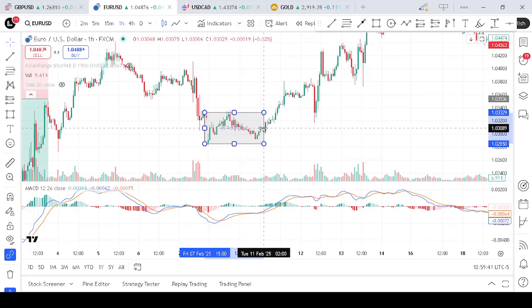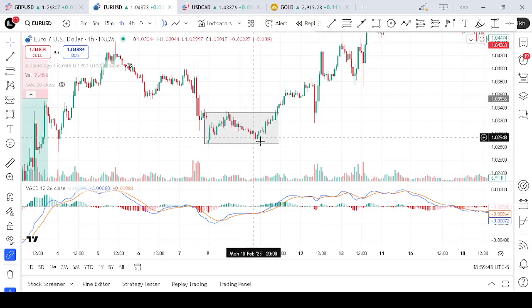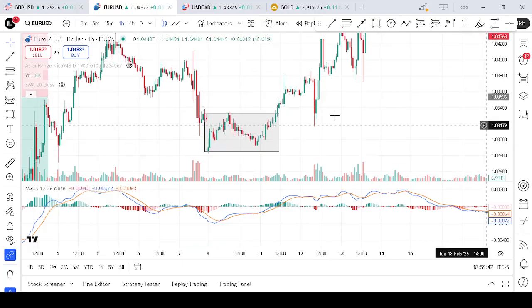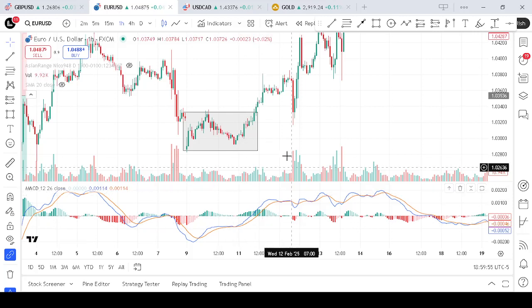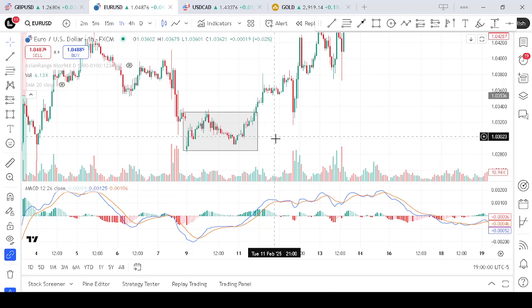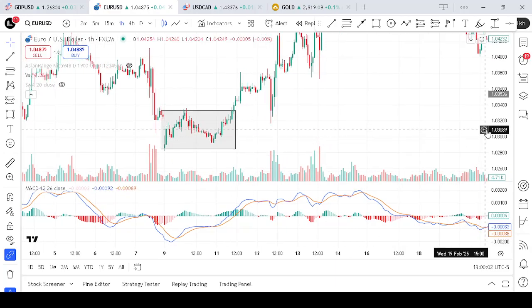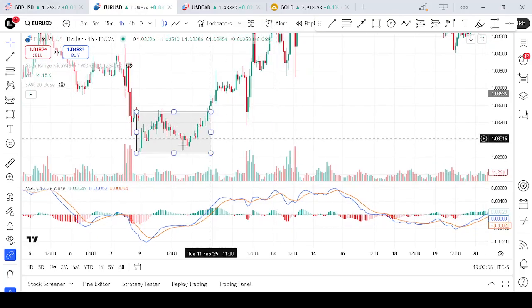And at this point, when price was still moving sideways, price crossed using the MACD line. It crossed above the signal line, signaling price has started going into the overbought zone and price wants to go to the upside.